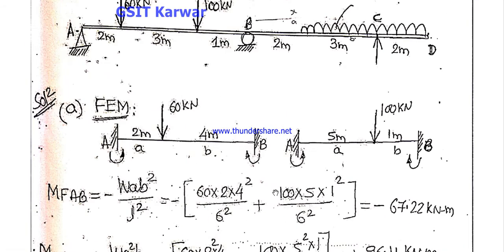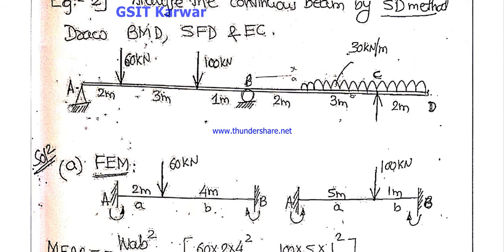Now we calculated fixed end moment for span AB. Next span is BC. You can observe this span BC. Here the load condition is a uniformly distributed load, that means UDL is there, but it is not for the full span. It is a different condition.